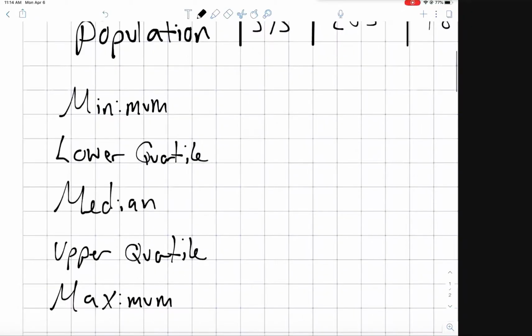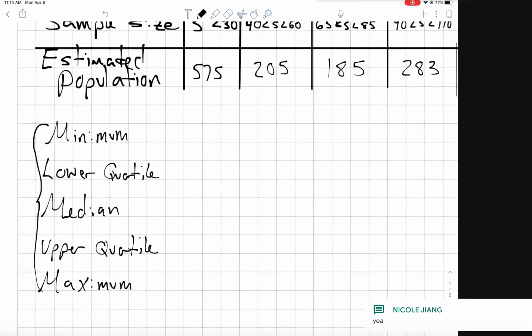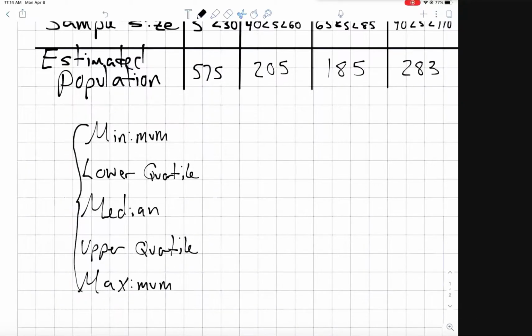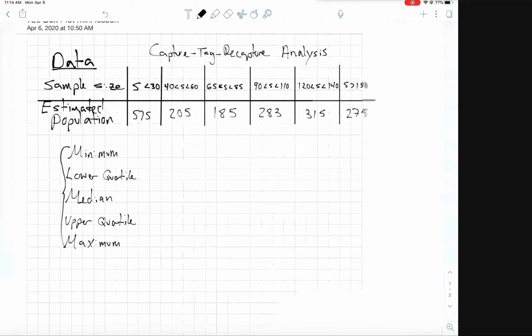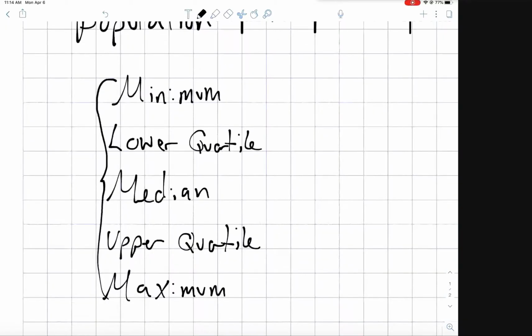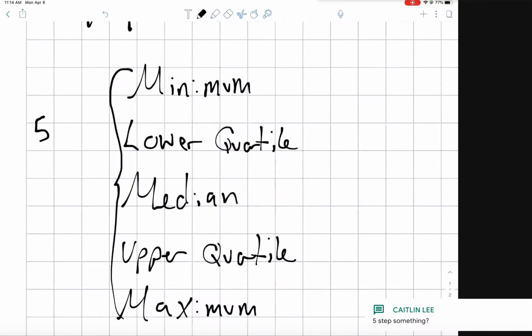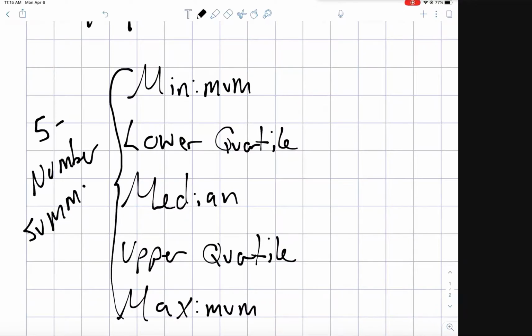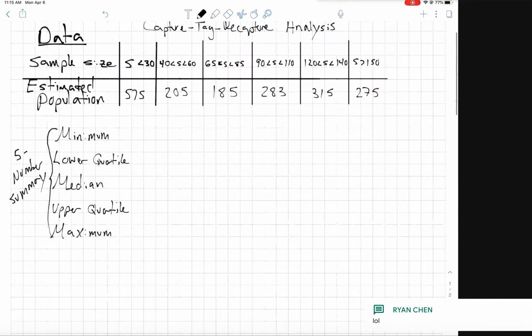So do you guys remember what we call this? Does anyone remember what this is called? This is called our five-number summary. Great.